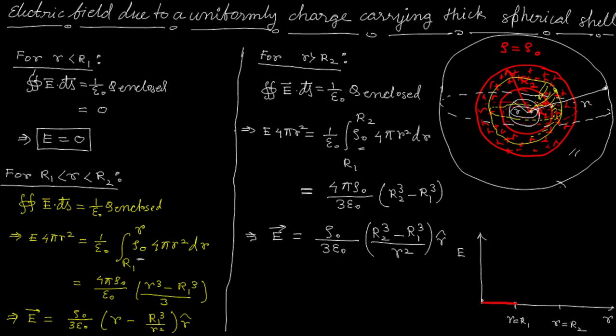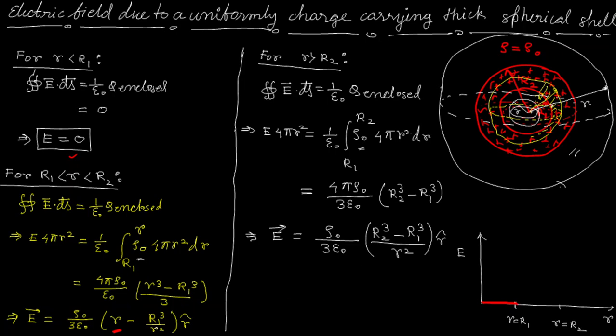You see, up to r1 the electric field will be 0. Inside, the electric field is 0. Now between r1 and r2 it will vary like this. When r is just greater than r1, but very small, this term will dominate, so the electric field will increase linearly.